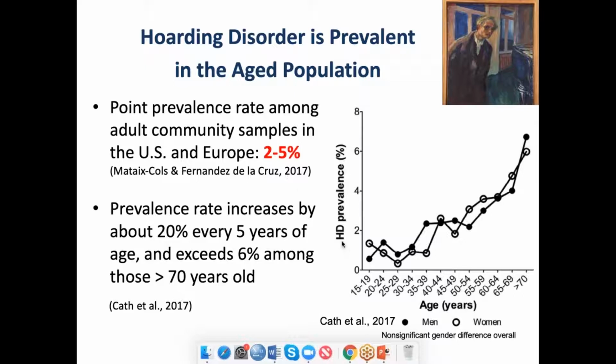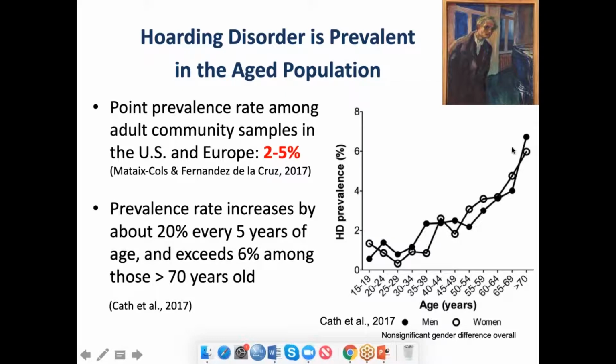As you can see in the figure here, the line at the bottom is each age group, and you can see that the prevalence rate before people hit their mid-age is about 2 to 3%.